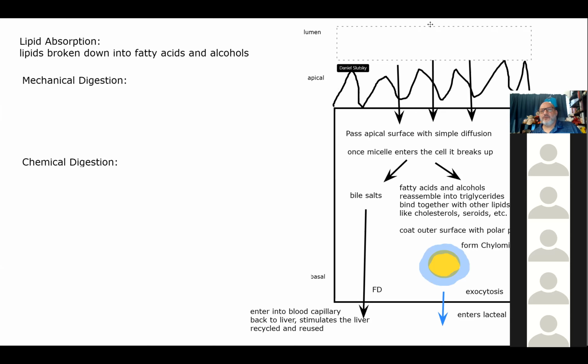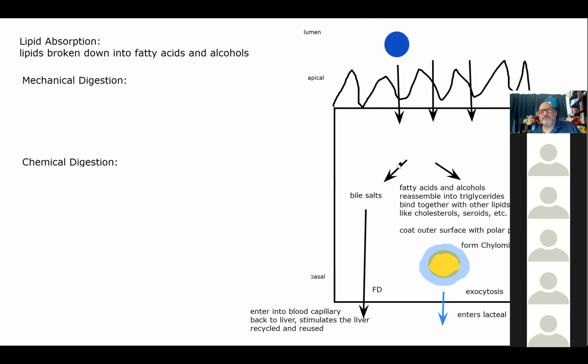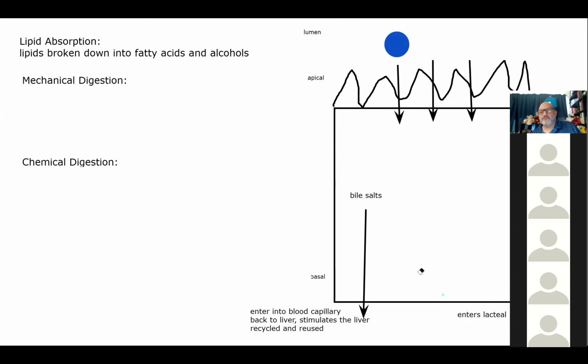It is going to pass through because it is water, and we'll just put it as a blue circle here. It just passes through by simple diffusion. Water gets through the plasma membrane by simple diffusion.